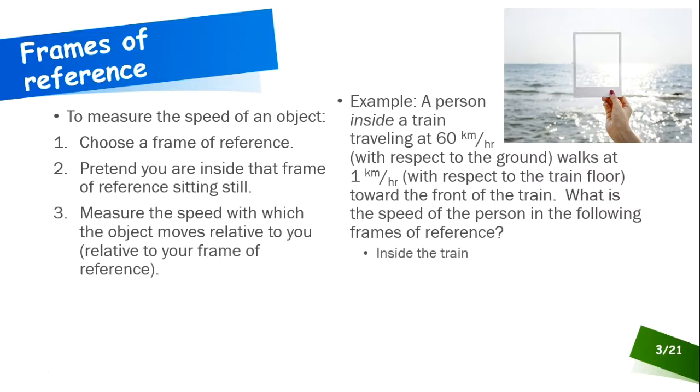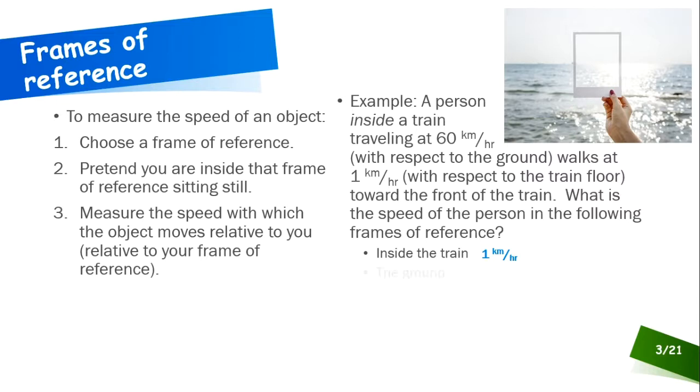So if our frame of reference is inside the train, what will the speed of the person walking inside the train be? Well, it should be pretty clear that that's going to be 1 kilometer per hour. If you're sitting with respect to the train, you're going to watch this person move at the same speed that he's moving with respect to the train floor.